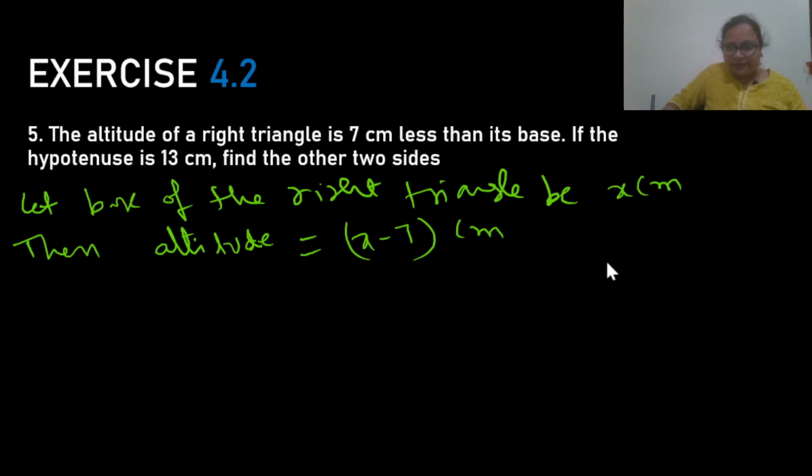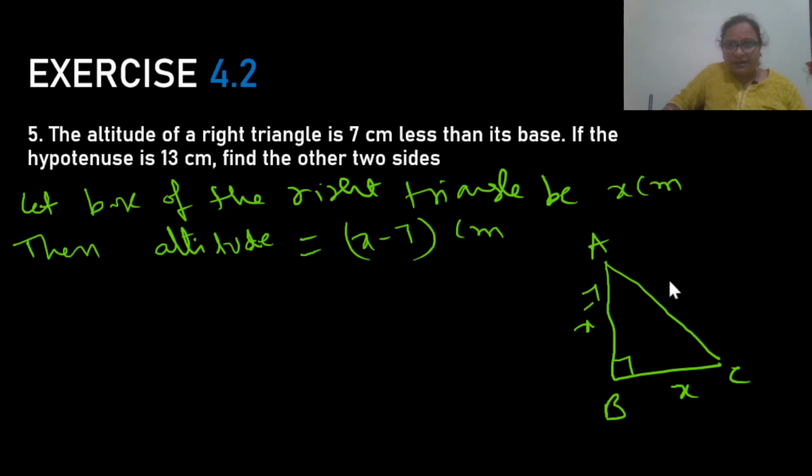Base is x, altitude is x minus 7 and the hypotenuse is 13. So we can use Pythagoras theorem because it is a right triangle.